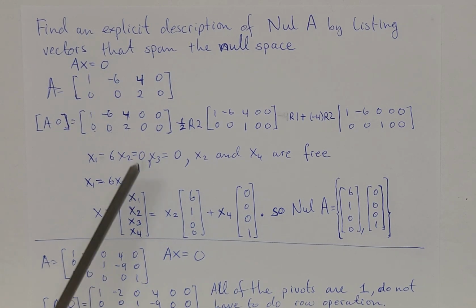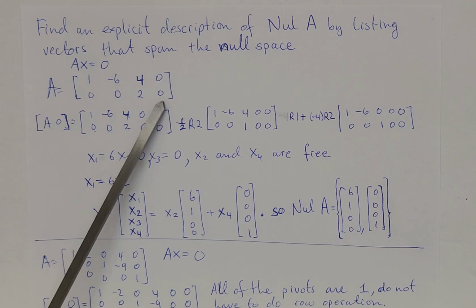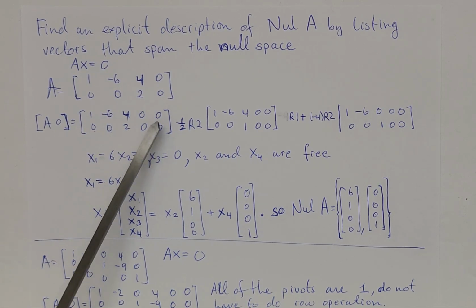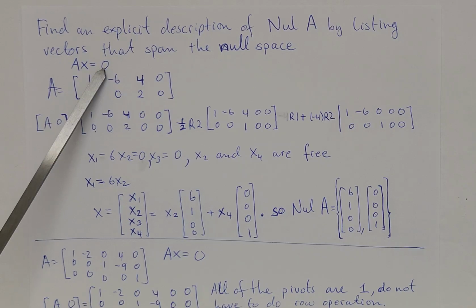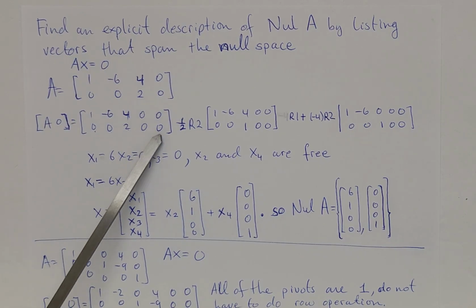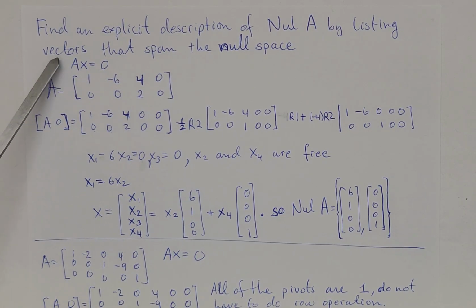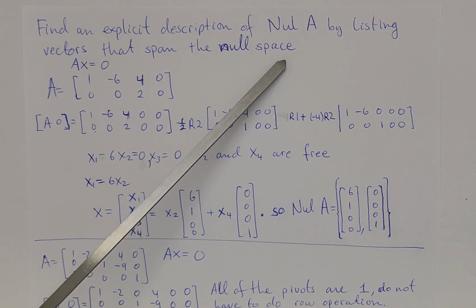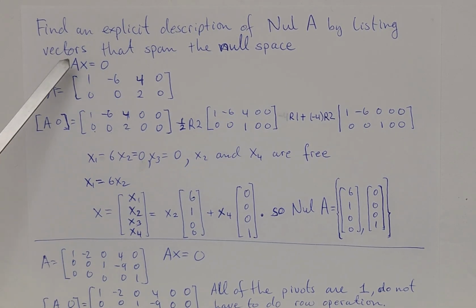One more time. This is matrix A, which I wrote here. The last column of 0 is this 0, and the reason why it is 0 is because we are looking for the vectors that span the null space. In other words, we are solving for x.